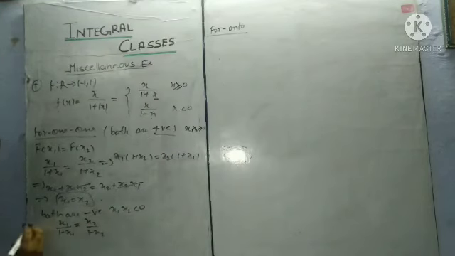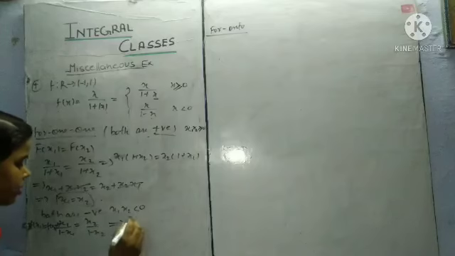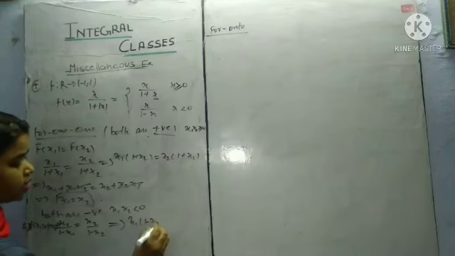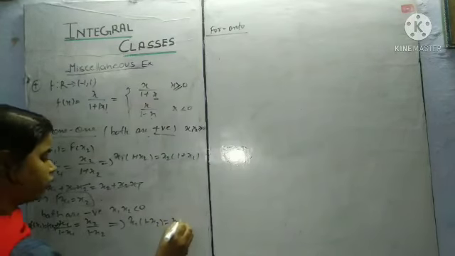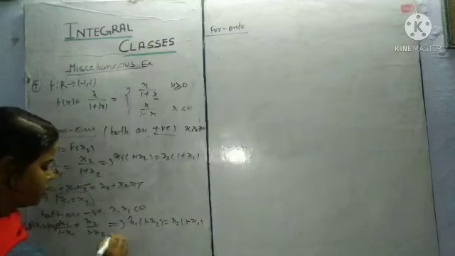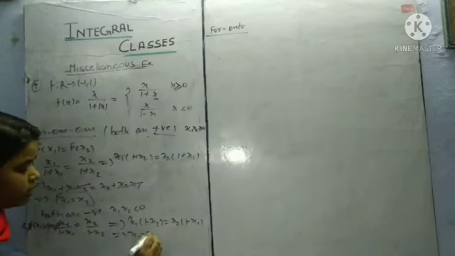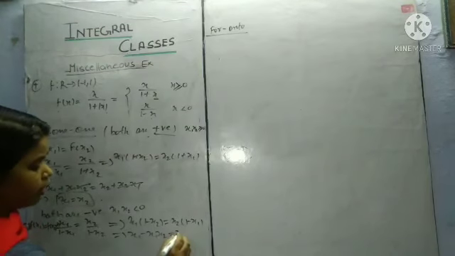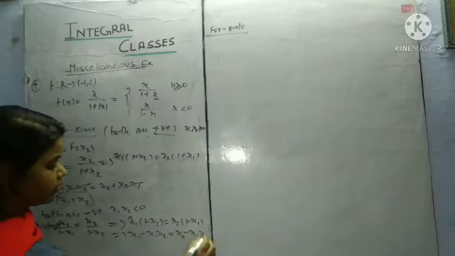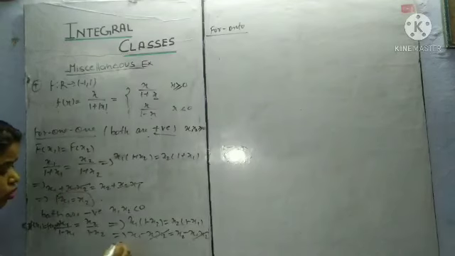First we will write f(x1) = f(x2). Therefore we get x1(1 - x2) and x2(1 - x1), and we will get x1 - x1x2 and x2 - x1x2. These are cancelled. So again we will get x1 equals x2.